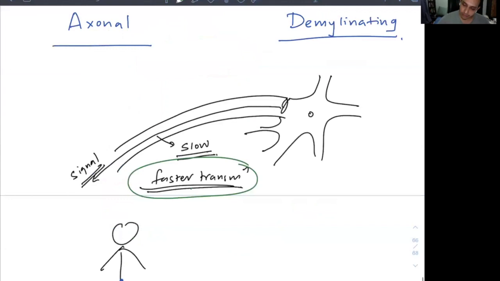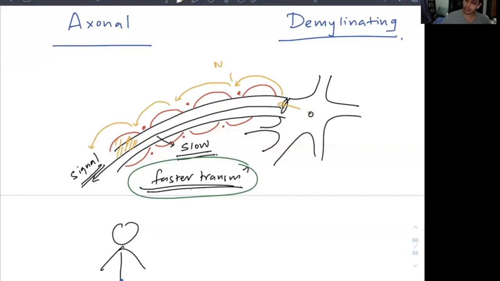Now, what is myelin? Myelin is a covering of your nerves. Okay, it is on both sides. It surrounds the nerve, and there are small gaps in the middle. What this does is it insulates this part of the nerve, and it allows the transmission that is coming from your cell body to jump from gap to gap.